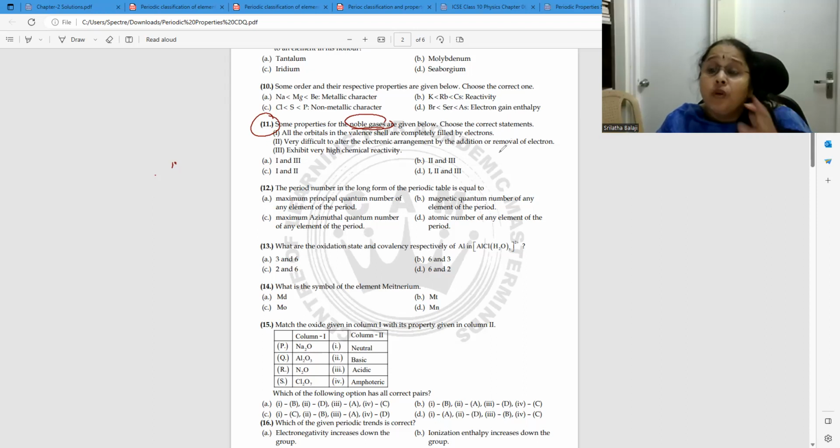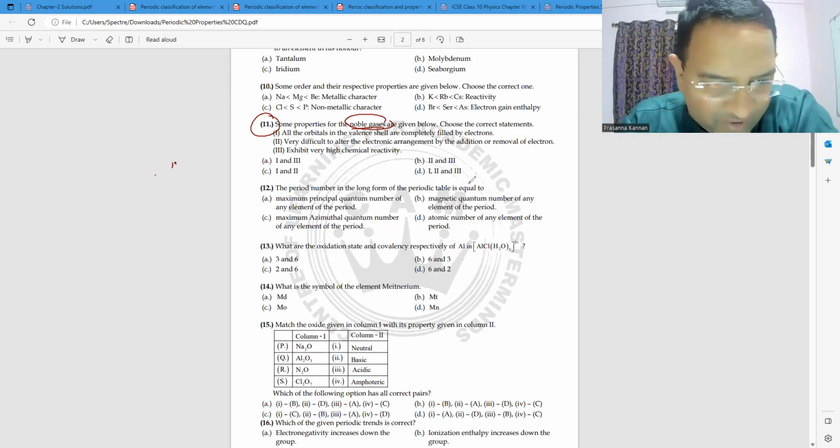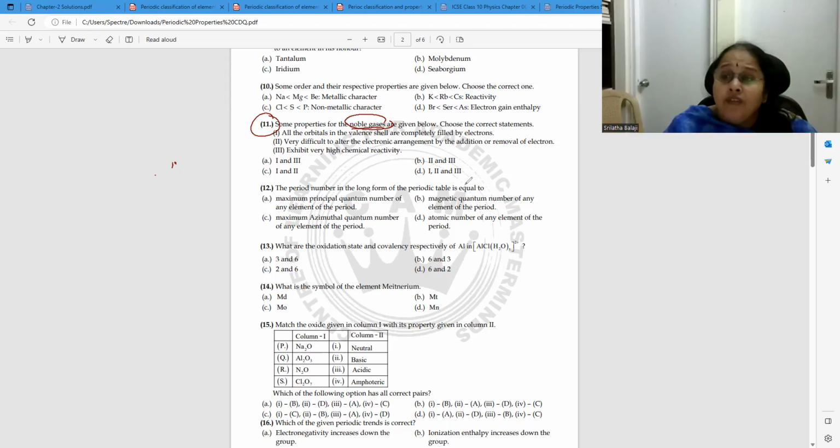What is the configuration of noble gas? Meaning the last orbit configuration. How do you say, guys? Outer shell configuration, general configuration. Try to always address this using general configurations. If there is no particular element given, always address with the general configurations.